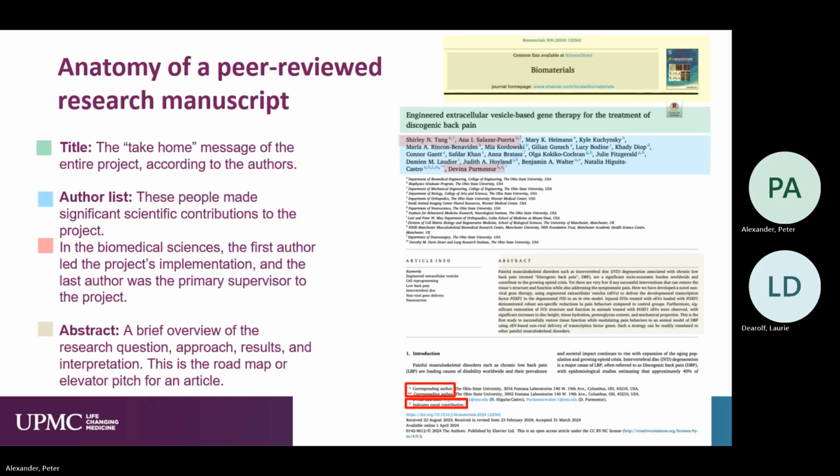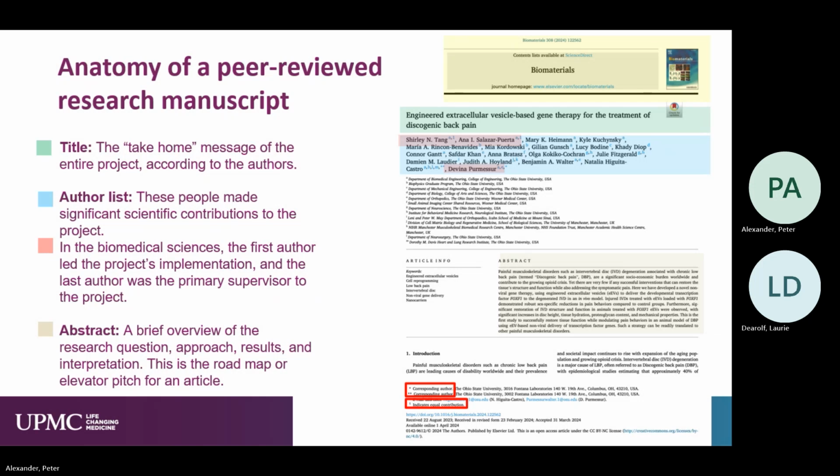The last author is the person who coordinated the research and often is the one who had the funding for that research. These can be shared responsibilities. For example, Drs. Tang and Salazar-Puerta are equal contributors to this paper, and we might call them co-first authors. Dr. Primasor is the PI of this paper, but there can often be other PIs also, and they're listed down the bottom box in red.